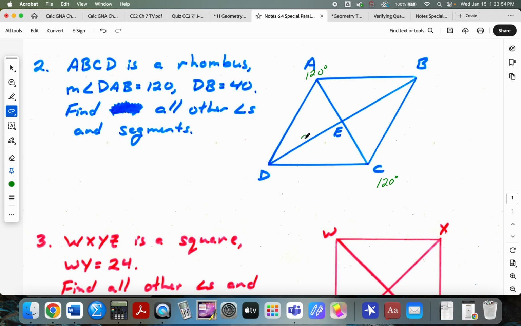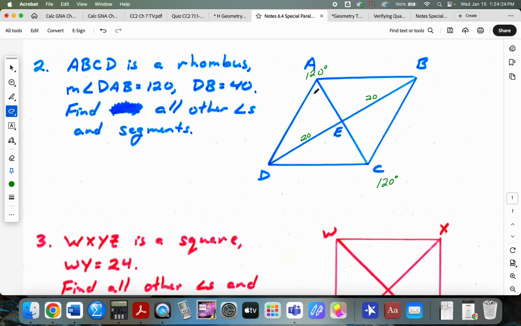Well, that means each of these is 20. How do you know that? The diagonals in any parallelogram bisect each other. They cut each other in half. Just 40 divided by 2. I didn't read the given. It sometimes helps.